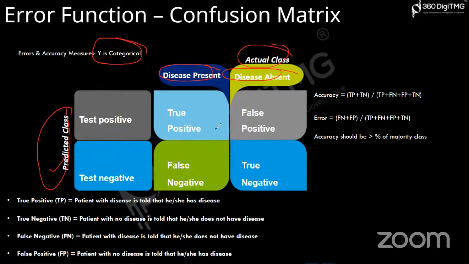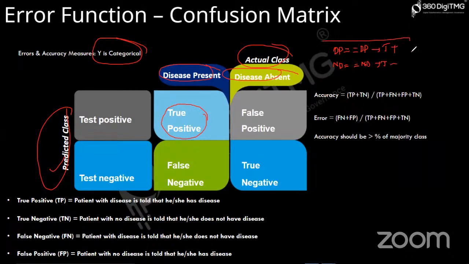When I say true positive, that means disease is present and I have predicted disease is present. This is true positive. In the same way, no disease and I have predicted no disease: this is true negative.